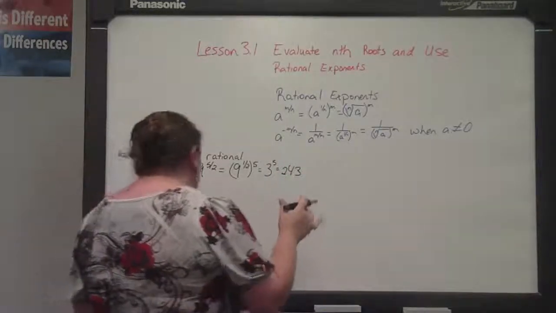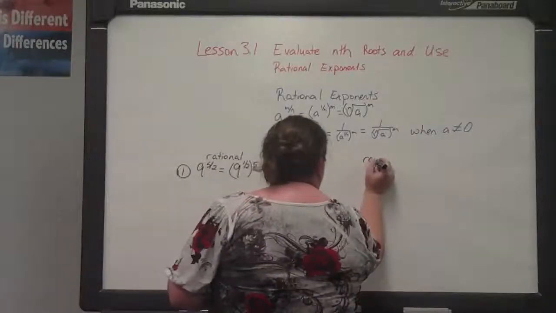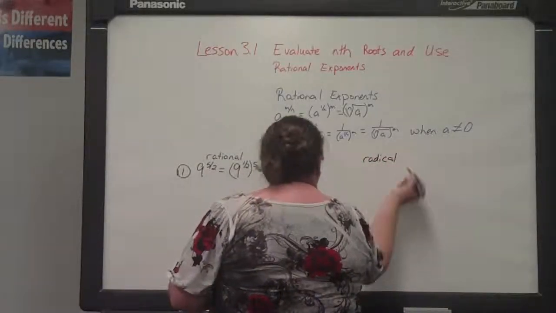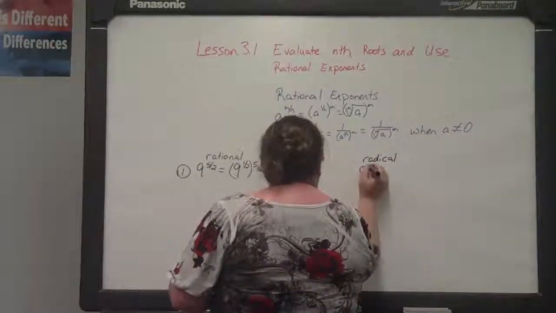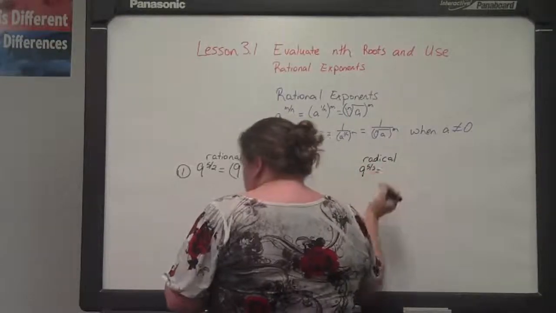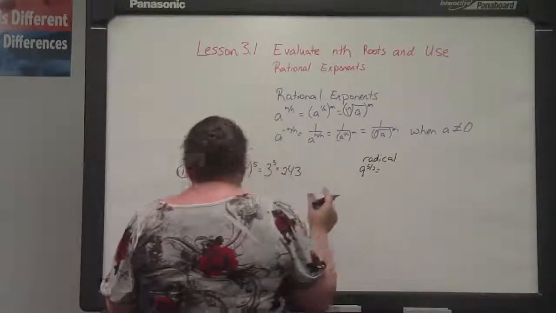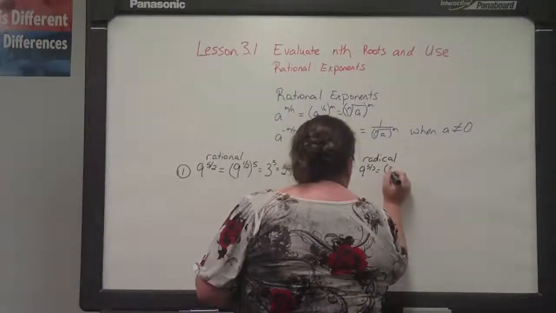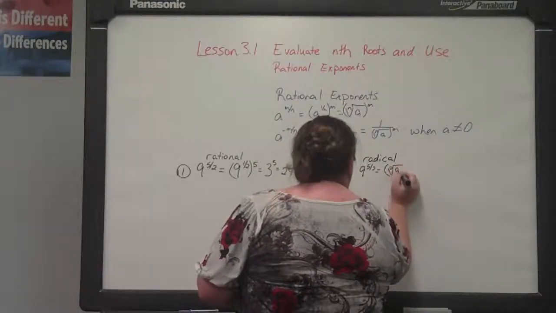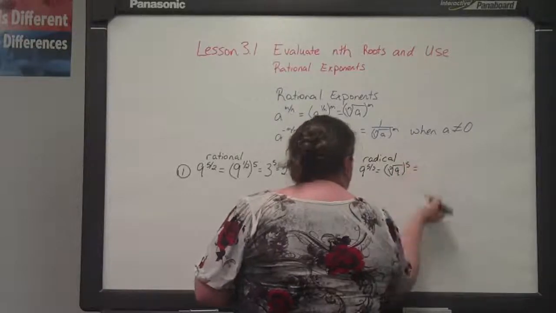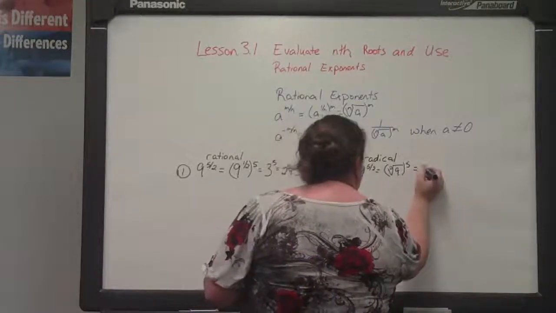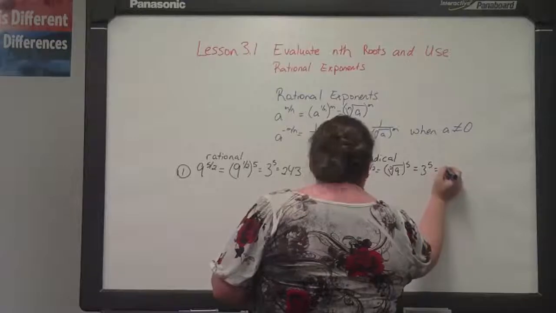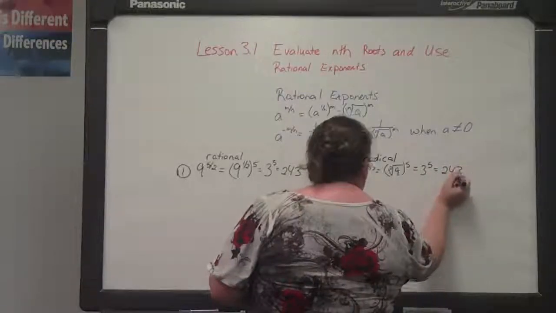Now for the radical form, again I have 9 to the 5/2 power. This time I'm going to rewrite it as the square root of 9 to the 5th power. So the square root of 9 gives me 3 to the 5th, which again gives me 243.